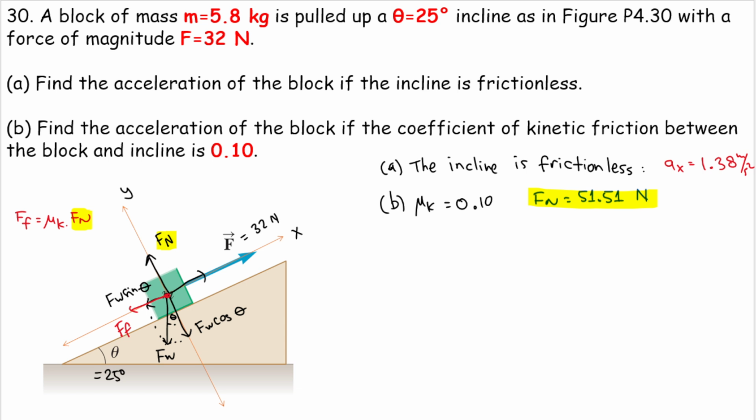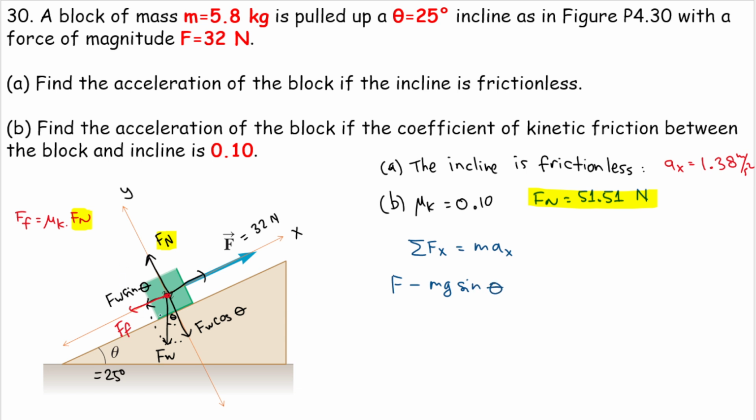Now what we need to do is the analysis in the x direction. Sigma Fx is equal to the mass times acceleration, also in the x direction. In the positive direction, I will have this F, and then minus Fw sine θ, which I will just write as mg sine of θ, right?